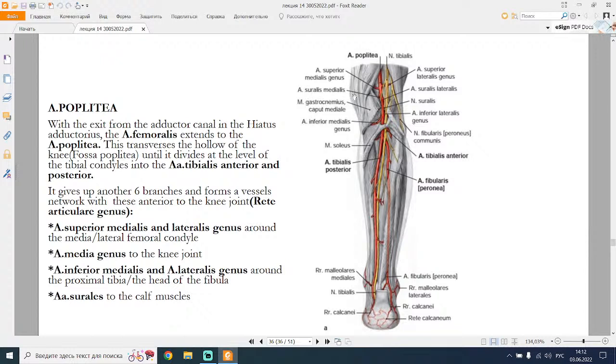Media genus. Arteria inferior medialis and arteria inferior lateralis genus, around the proximal tibia and the head of the fibula.